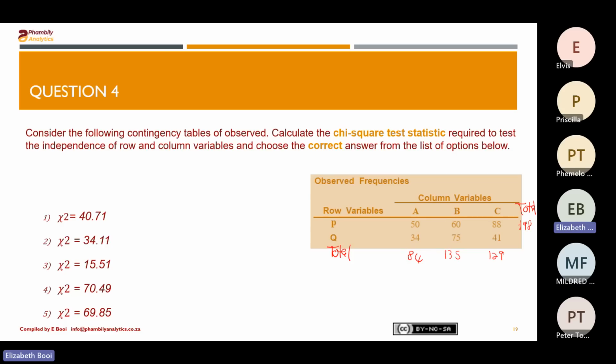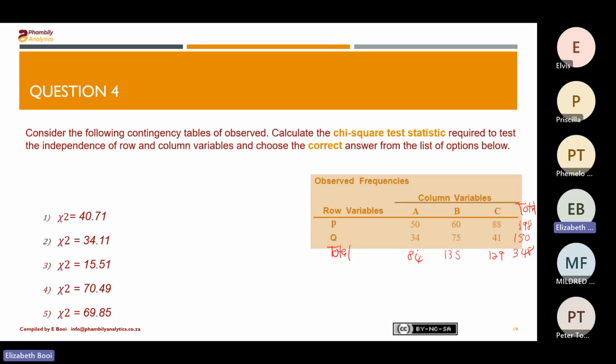Oh, this one needs a calculator. It's 150. And the total is 348.